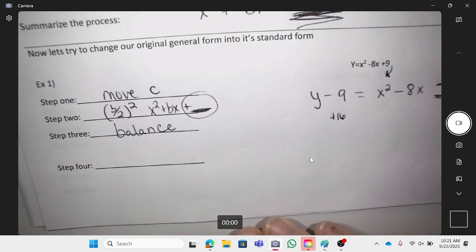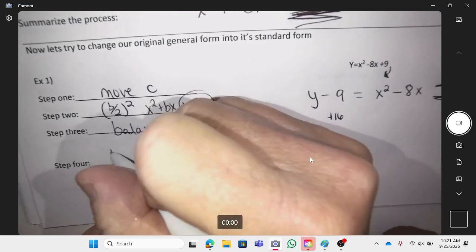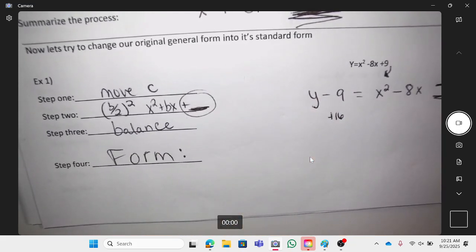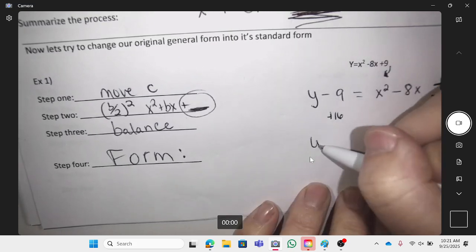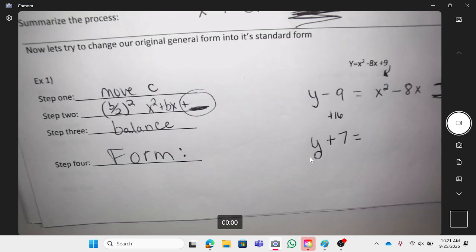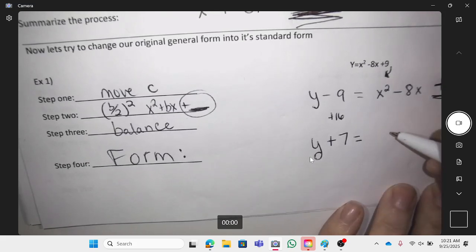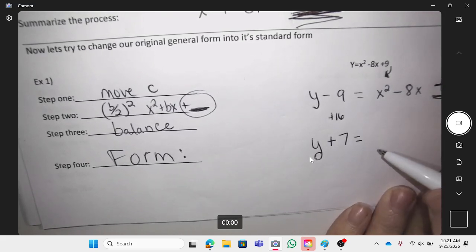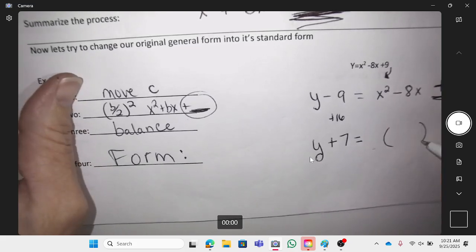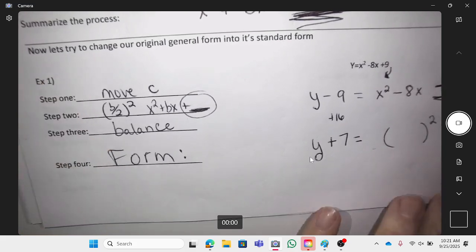And then step 4 is to make it into your form. Okay, so do we know what our form looks like? So this will be y plus 7. Okay, I don't need an a in the front. We don't have a multiplier because it's 1, right? 1 x squared. So I don't need the multiplier, brackets squared.